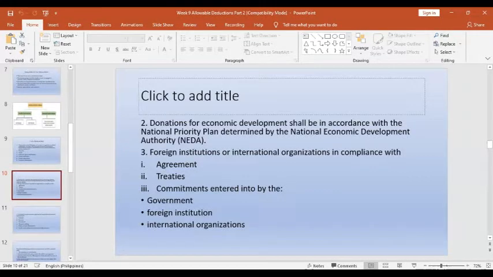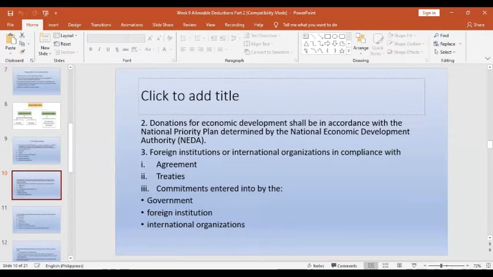Example of number 3, let's say a taxpayer donates money to UNICEF. We all know that UNICEF is a welfare organization for children, and UNICEF also has a tie-up with the Philippine government to help the welfare of children.